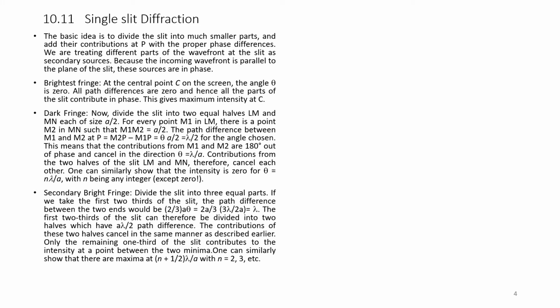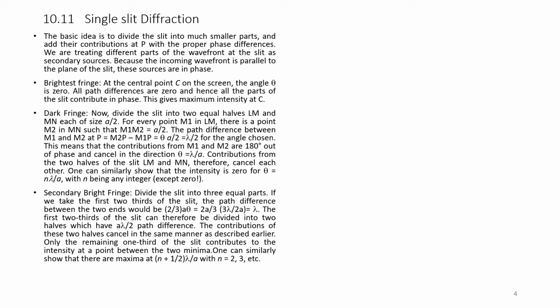So, the third case is for the secondary bright fringe. Divide the slit into three equal parts. If we take the first 2/3 of the slit, the path difference between the two ends would be 2/3 of a theta, that is 2a by 3 into 3 lambda by 2a, that is equal to lambda. The path difference between the two ends will be lambda. The first 2/3 of the slit can therefore be divided into two halves which have lambda by 2 path difference.